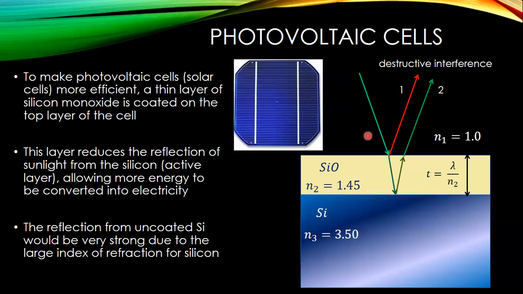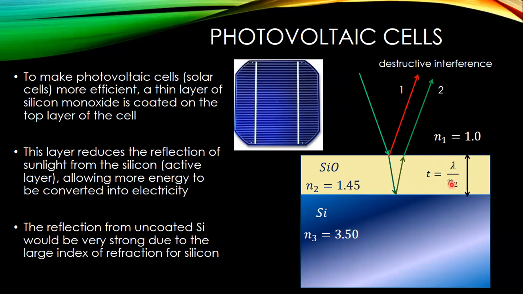so you're losing all that energy. To improve the performance, what they actually do is they coat the silicon with silicon monoxide. And this has an index of refraction of 1.45 and creates an excellent match between the two interfaces. Now, by making this 1/4 of a wavelength thick, now I got this wrong here.